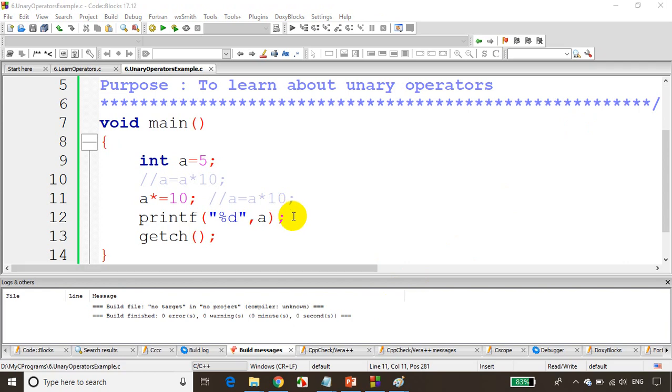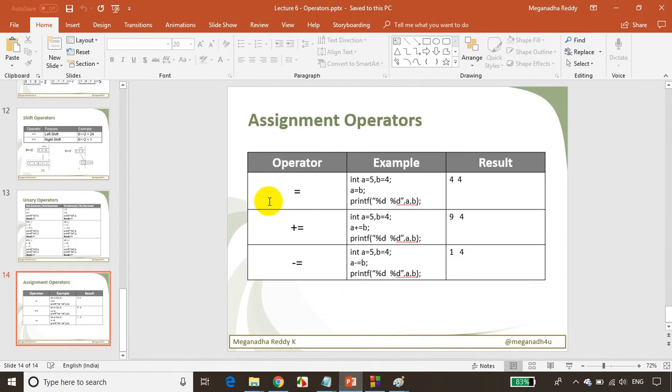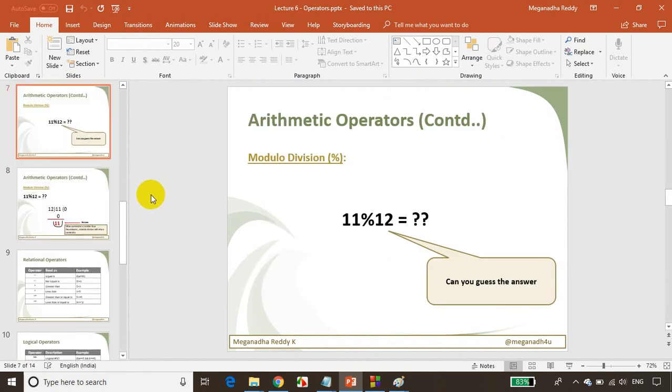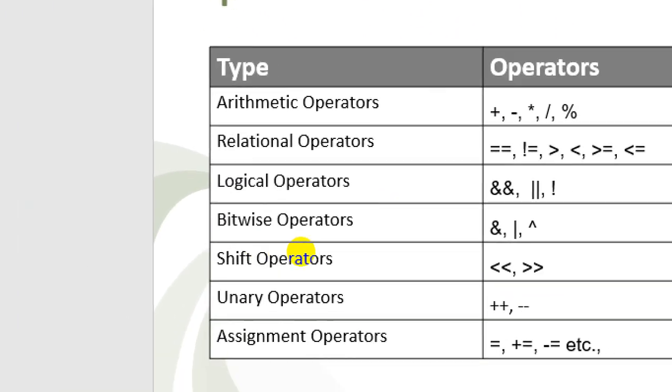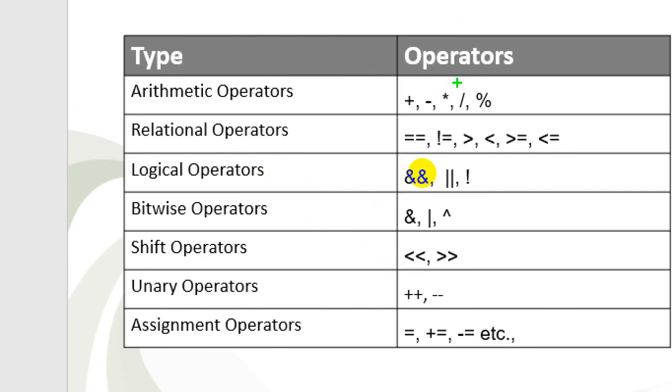So we just learned about assignment operators. Now let's quickly summarize what we learned. In this module, we learned about different operators. We learned about arithmetic operators, and the difference between division and modulo division. Relational operators, which tell the relation between two operands. Logical operators: logical and, logical or, logical not. And bitwise operators: bitwise and, bitwise or, bitwise XOR.